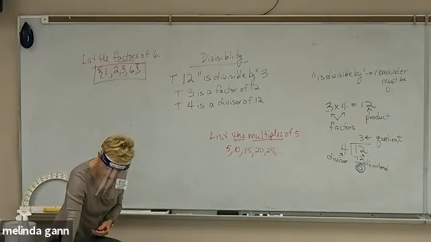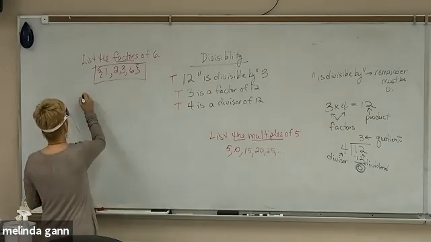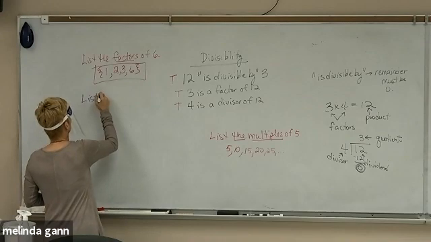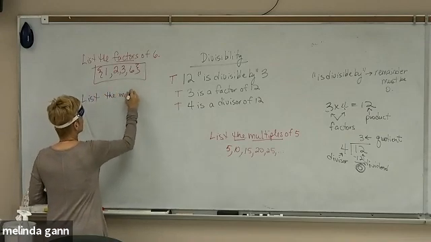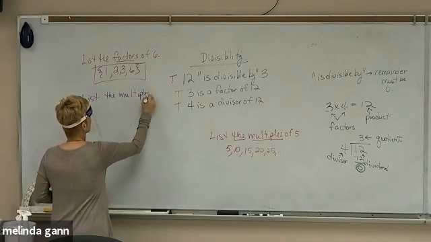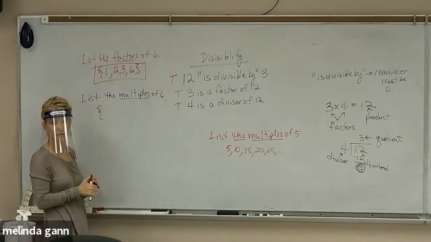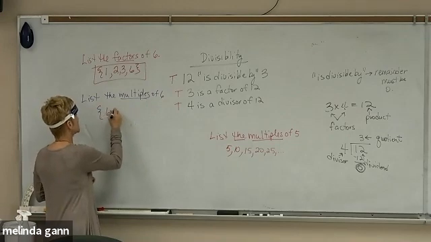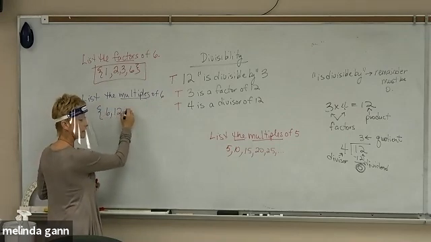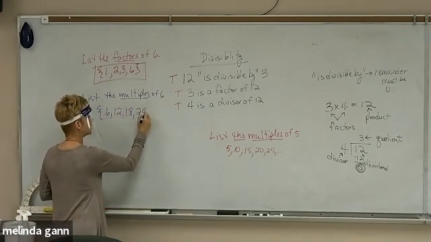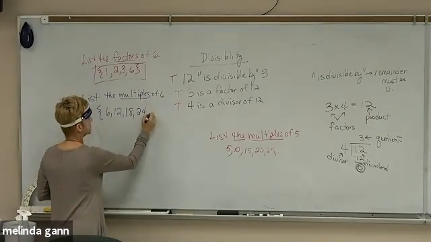Now, if I said list the multiples of 6, what's going to be in my list? 6, 12, what? 18. Will it ever stop? No. So what am I going to put? Dot, dot, dot.